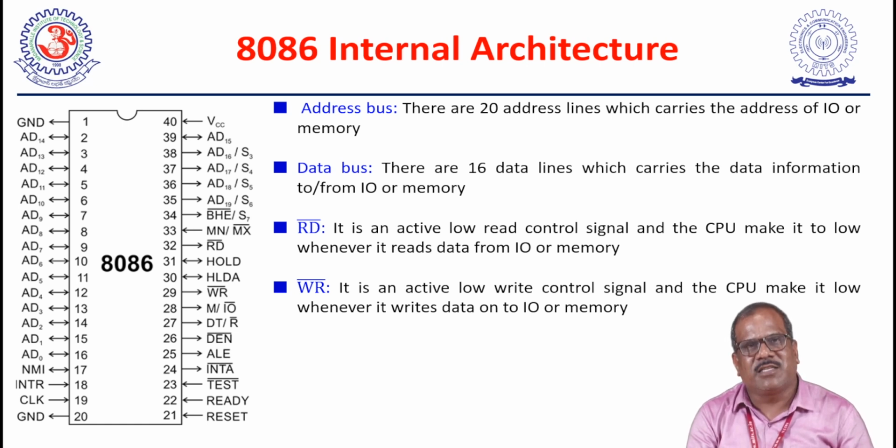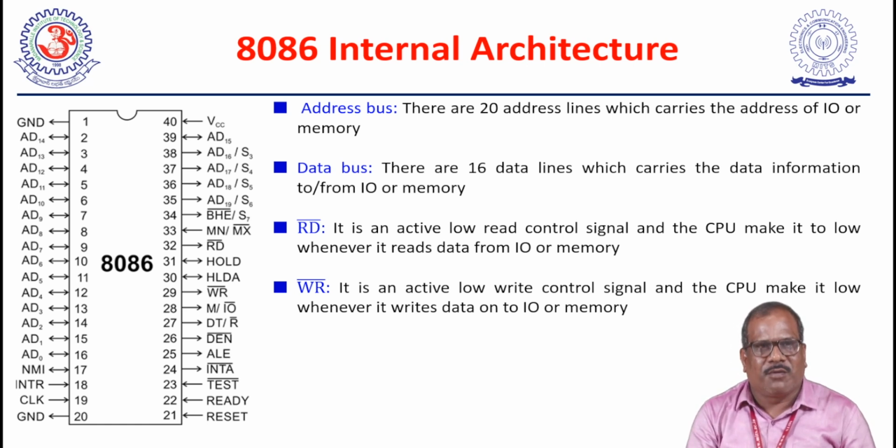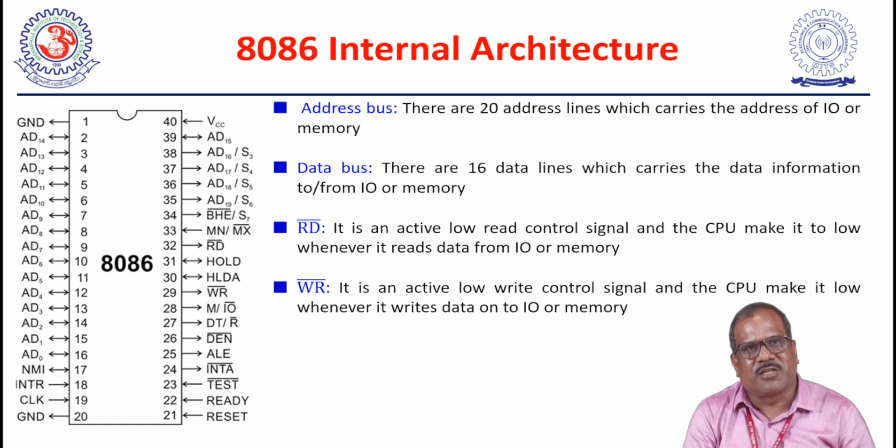When ALE is enabled, the complete 16 lines AD0 to AD15 are used for address purpose. When ALE is disabled, ALE value 0, the complete 16 lines are used for data purpose. So most of the signals are bidirectional and multipurpose, which reduces the number of signals, and reduced signal count means our chip size is also reduced.